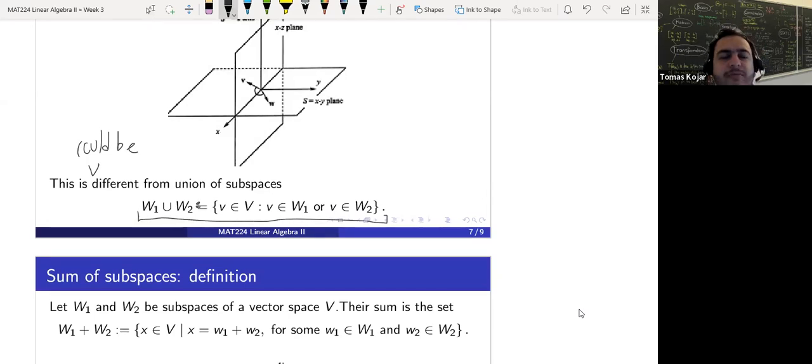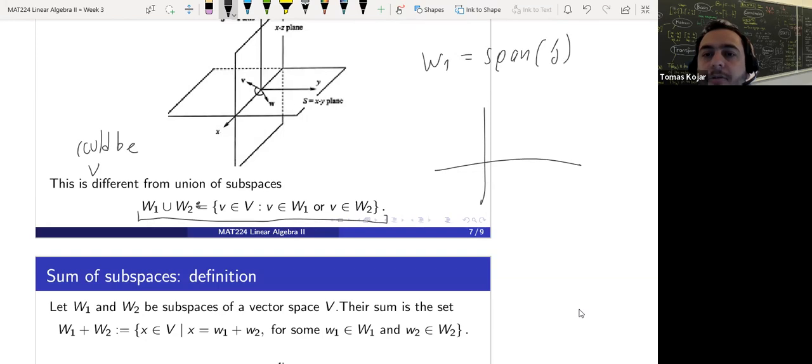define the union of subspaces. So this is the definition. You take any vector, let's do the same example: W1 equal to span of (1, 0) and W2 equal to span of (0, 1). Their union is an element from either W1 or W2.